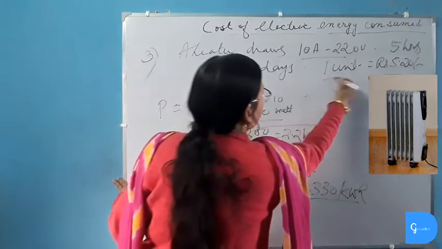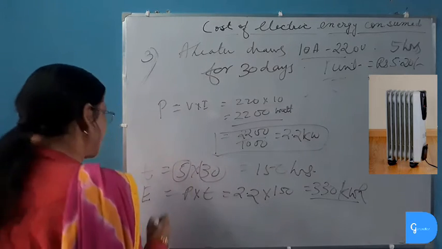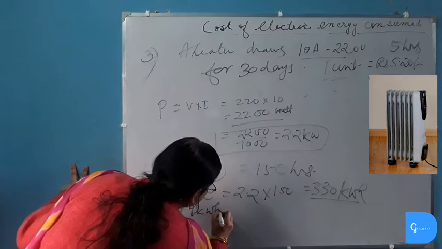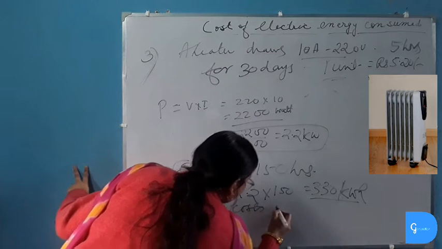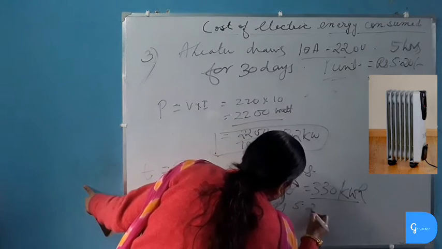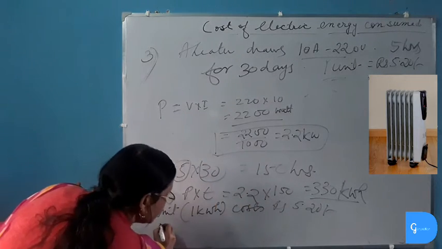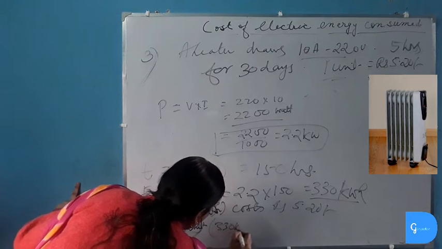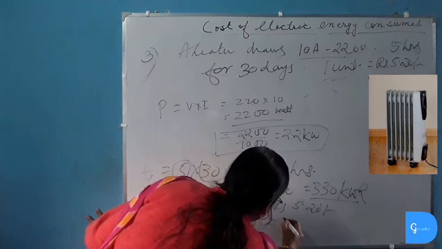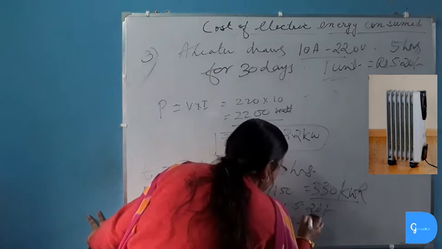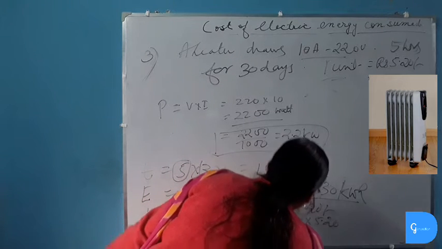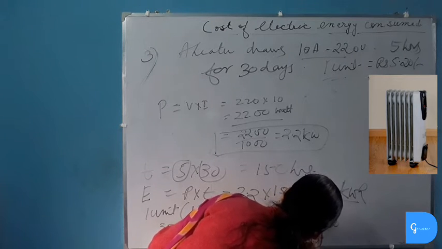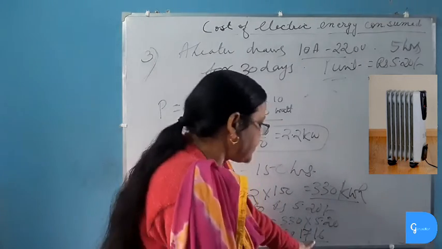Now the cost of 1 unit is given rupees 5 and 20 paisa. So 1 unit or 1 kilowatt hour costs rupees 5 and 20 paisa. So the cost of 330 unit or 330 kilowatt hour will be 330 into, we will multiply it with 5.20, we will get rupees 1716 rupees.